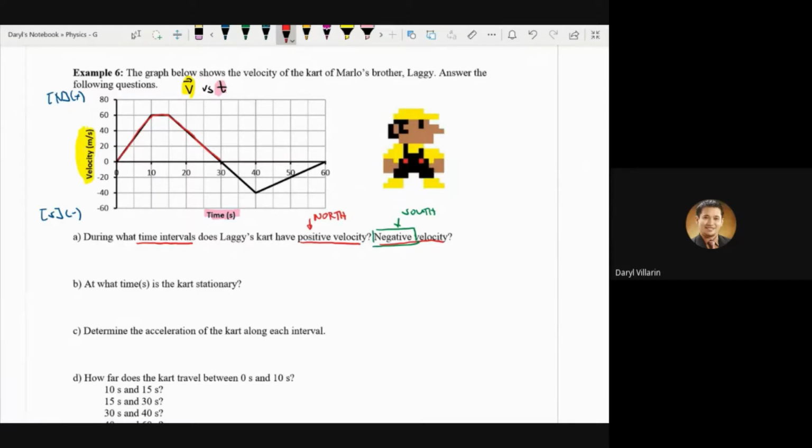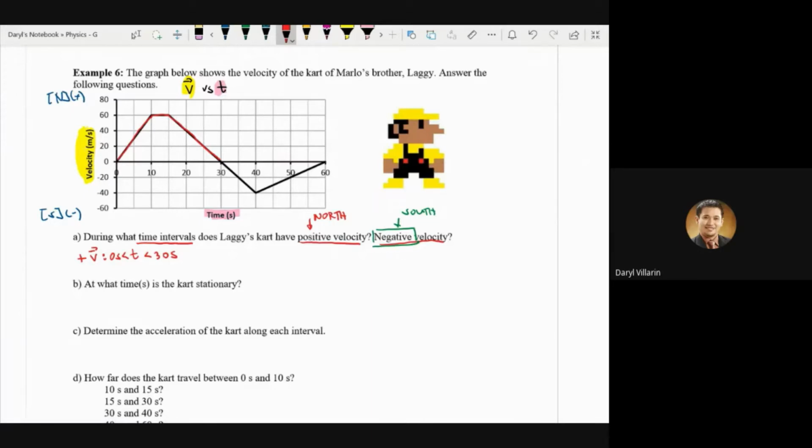So anything there would be positive velocity. So positive velocity would be time greater than 0 seconds, but less than 30 seconds. Within that range, all of the values are positive.